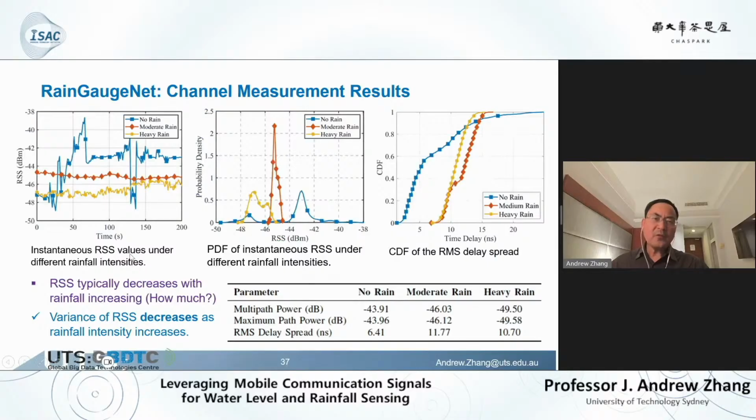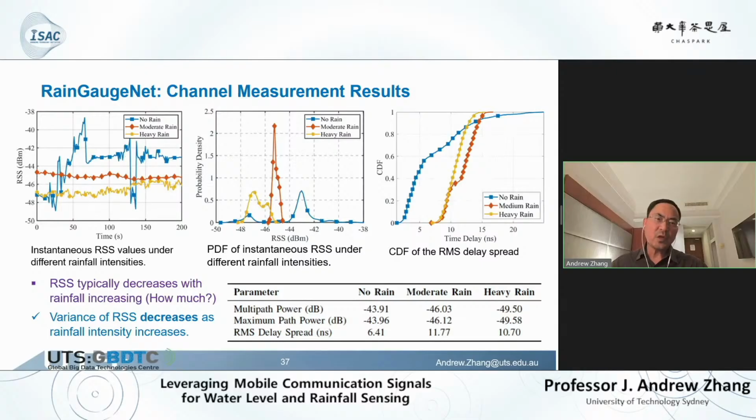Here are some of the main results from their work. So this left figure shows the instantaneous received signal strength values at different rainfall intensities. The results seem to suggest that there's a clear boundary or difference between the results for different rainfall intensities, right?